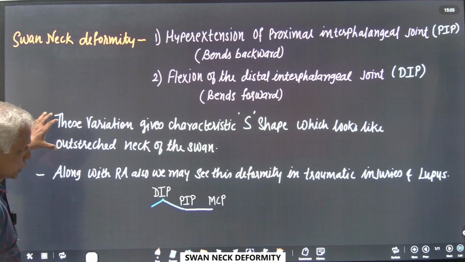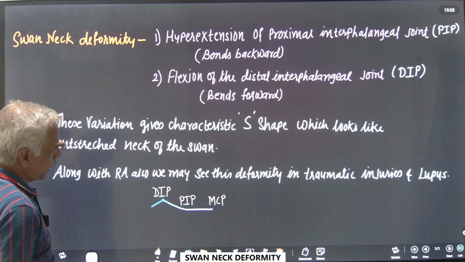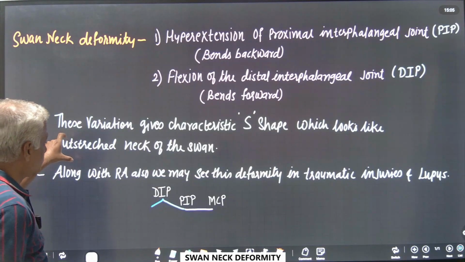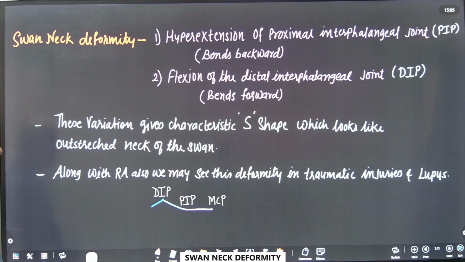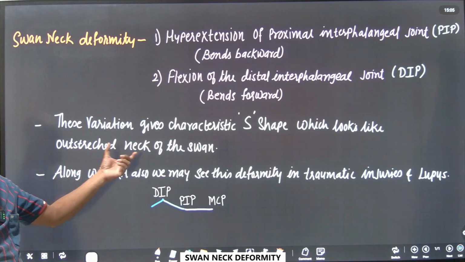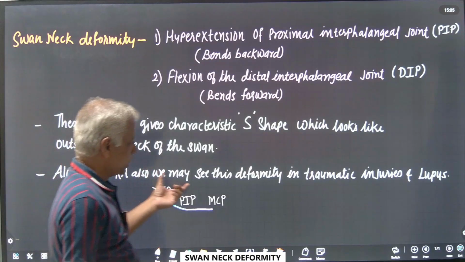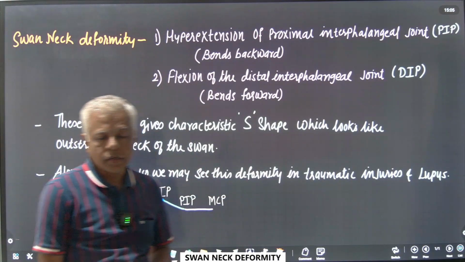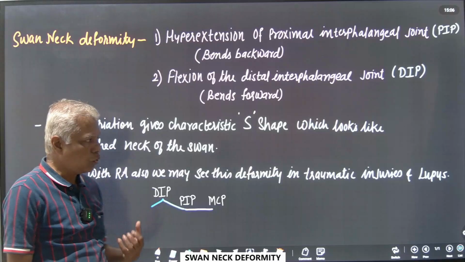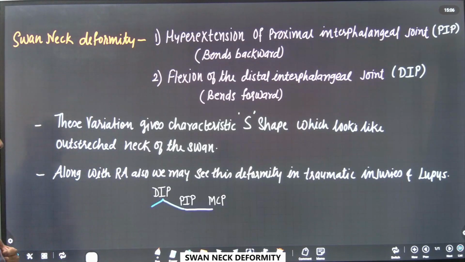This gives a characteristic S shape which looks like the outstretched neck of a swan, and that's why we call it a swan neck deformity. Along with rheumatoid arthritis, we get this deformity in traumatic injuries also, and in lupus we can get this kind of deformity.